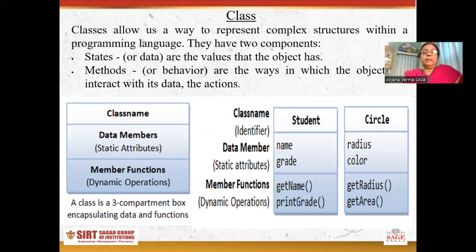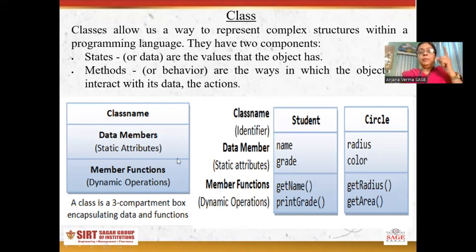If we create a class diagram, there are 3 rectangles. In the top rectangle, we put the class name. In the second rectangle, we put all the properties, or static attributes, which cannot change easily. And in the third rectangle, we put functions or behaviors, or operations.